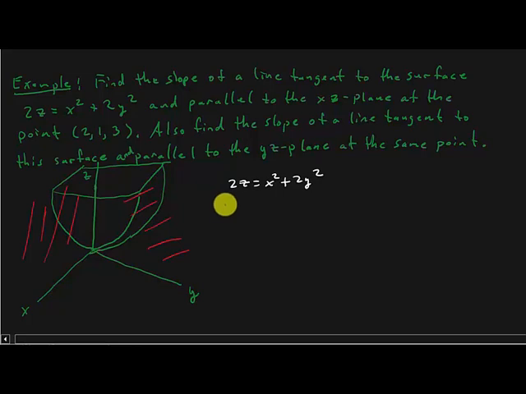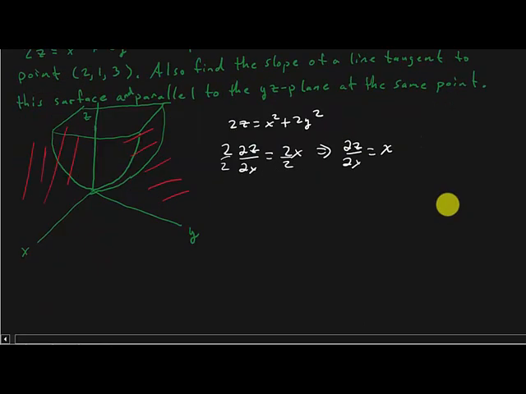And so this is 2, and then we're taking the partial of z with respect to x. So that's going to be 2x. This is 0. This is all a constant, 2y squared. y is a constant. And so this tells us that the partial of z with respect to x is equal to x. See, the 2's cancel there.